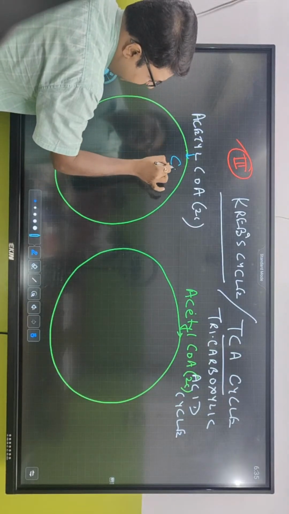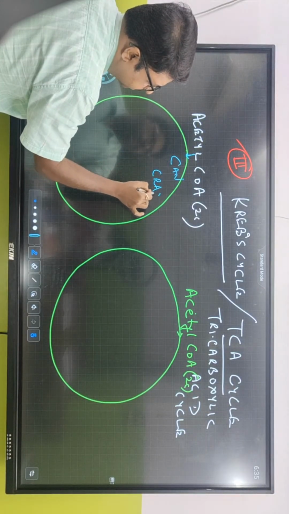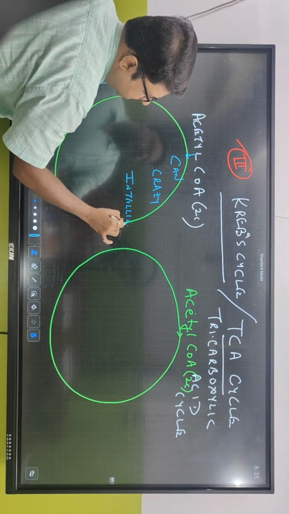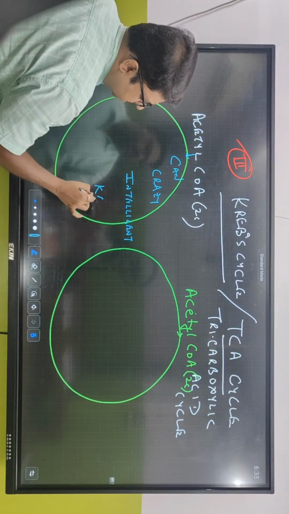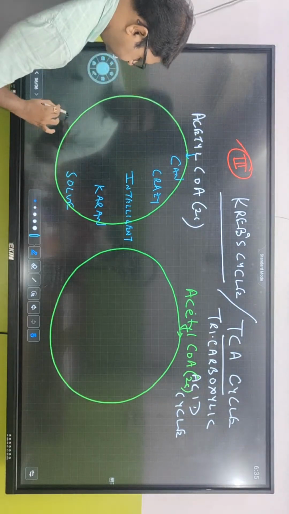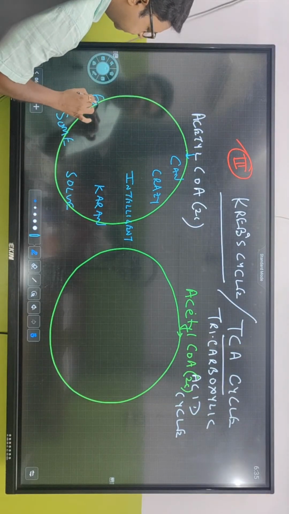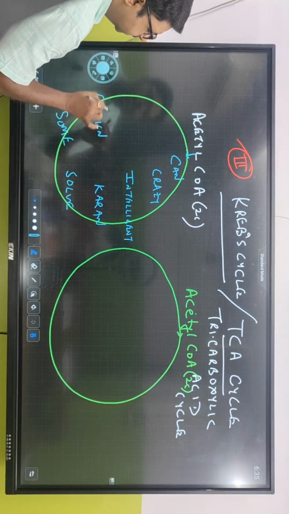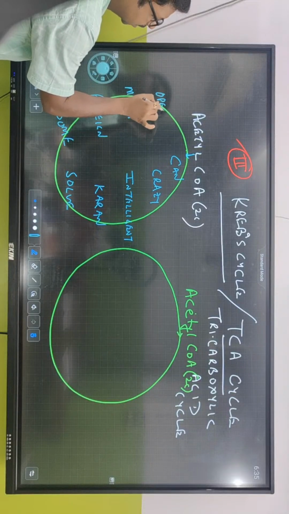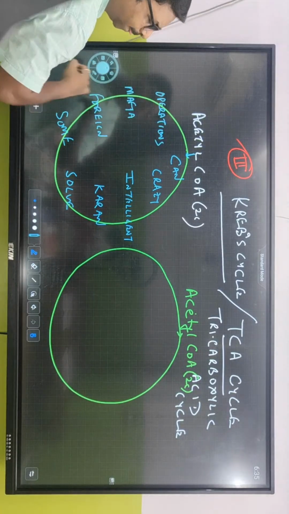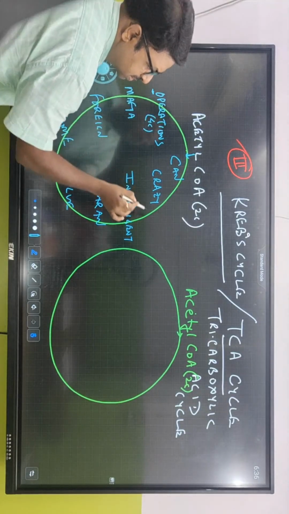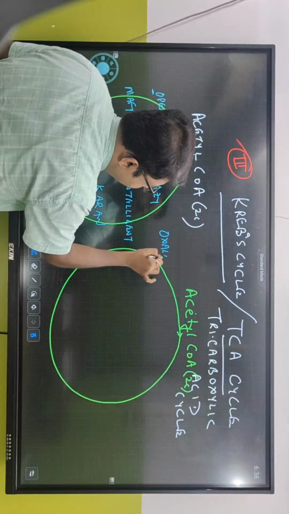This is something like: Can, Crazy, Intelligent, Current, Solve, Some, Foreign, Mafia, Operations. Where operations is a 4 carbon compound. What is operations? It is oxaloacetic acid.